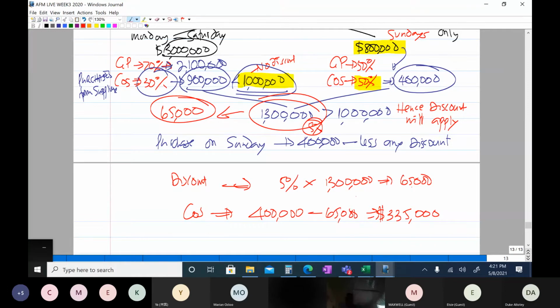My little confusion is with the cost of sales percentage. They said it was reduced by 20 percentage points.